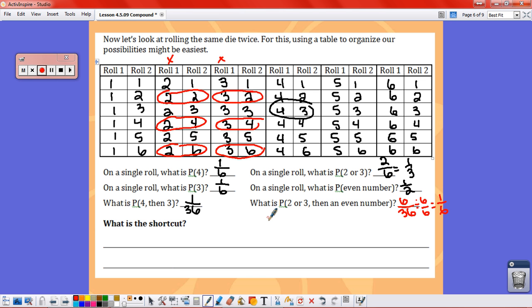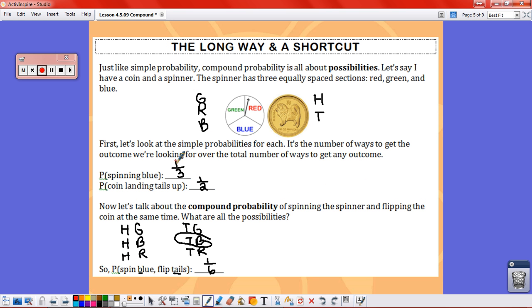So we're going to look for the shortcut in class, but what kids should be able to notice is that you have 1/3 and 1/2, and our outcome for the compound probability was 1/6.